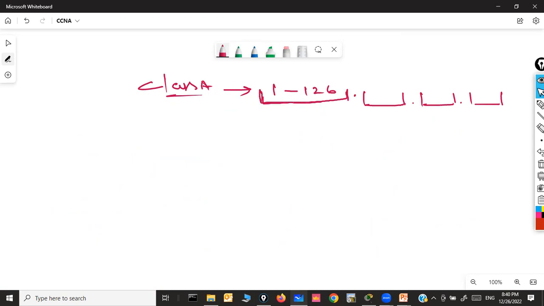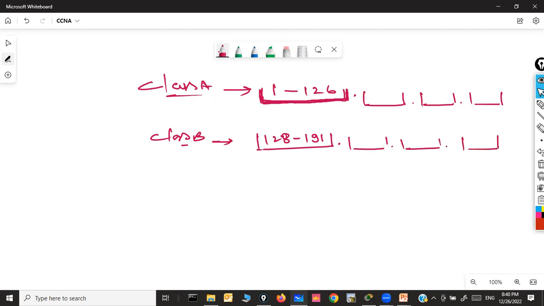So any number between 1 and 126 means a class A address. And then class B: any value from 128 to 191 in the first octet means a class B address.